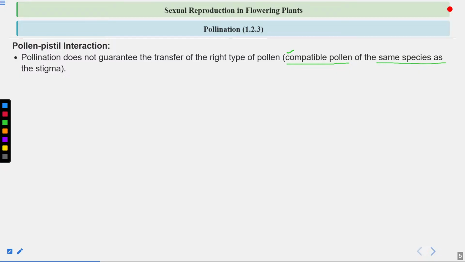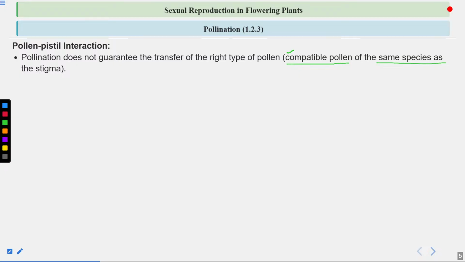The pollen from one flower will be transferred to the stigma of another flower. If it is done in the same species and on a different plant, then the pollen will be compatible. But if it is transferred from the anther of a flower to the stigma of the same flower, then the gene constitution will be seen.